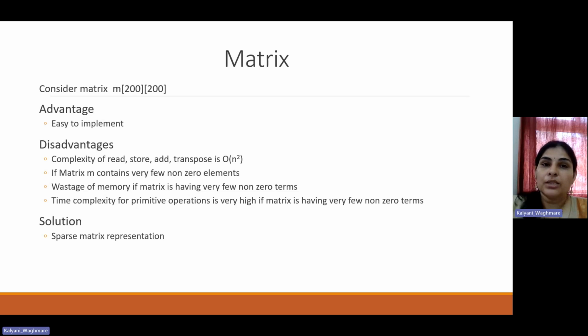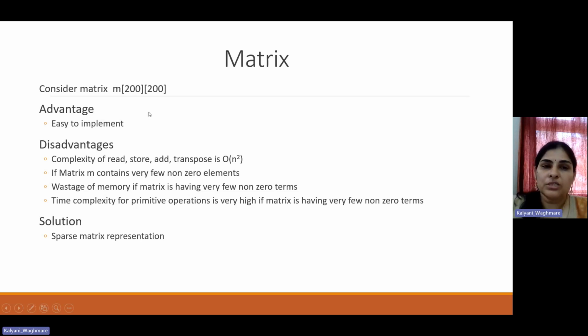For every user, I am going to store a rating for these 200 movies. But maybe the person hasn't seen all 200 movies; out of that, he has seen only 10 movies. So only for 10 values will he give some rating, and the remaining will all be zeros. But as the memory is statically allocated, we store those zero values also, and that shows it is a wastage of memory. This is a major disadvantage of a matrix.